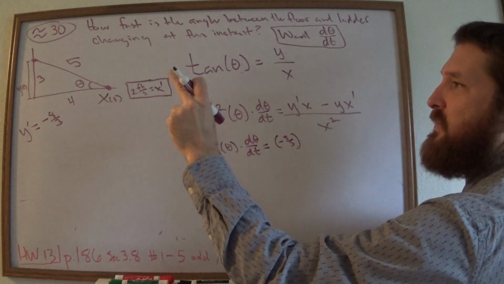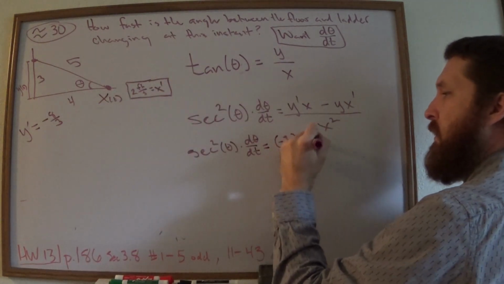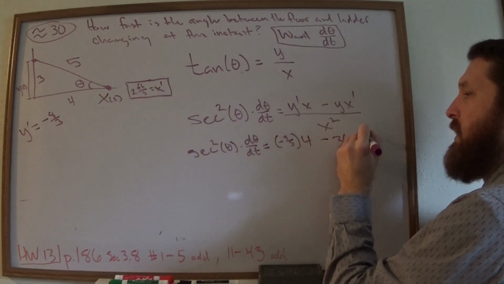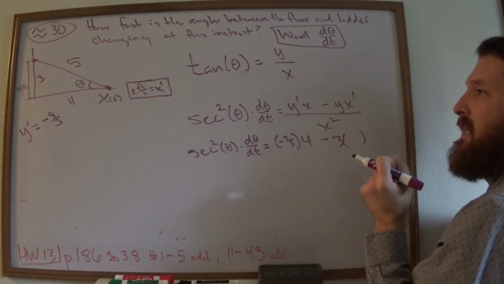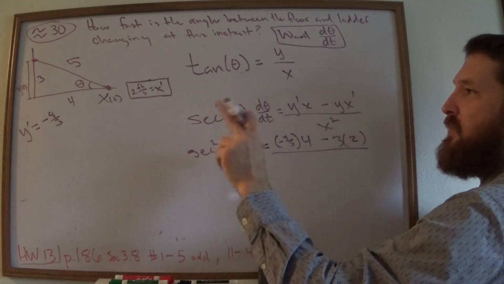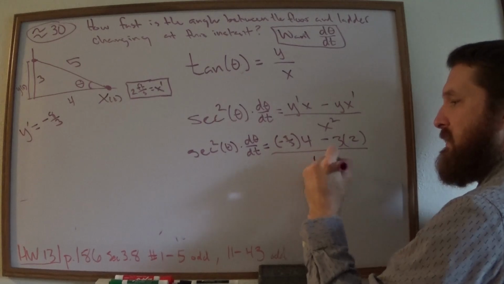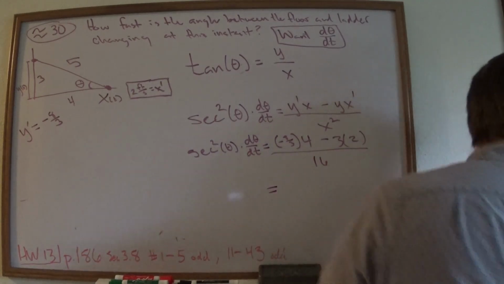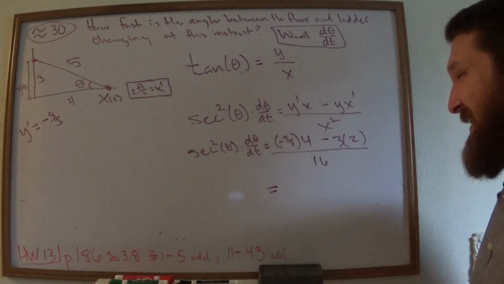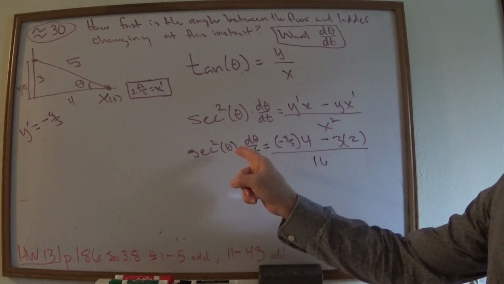X was 4, minus y is 3, x prime was 2, over x squared, which is 4 squared, is 16. That works out to, oh, I didn't bother. Okay. Now, here's the question.